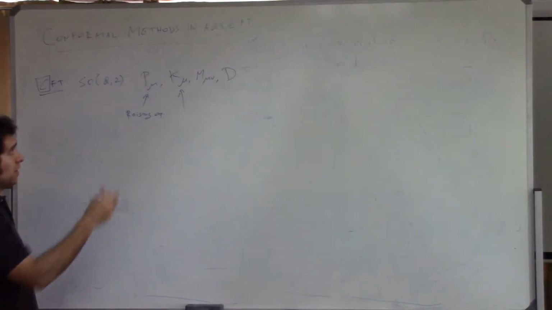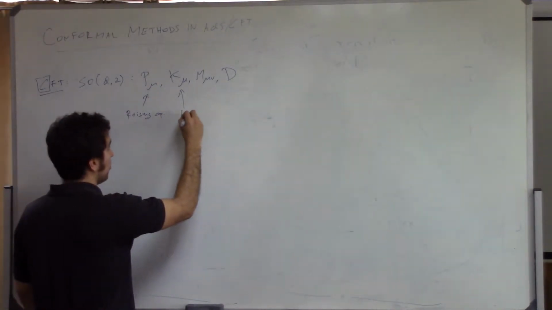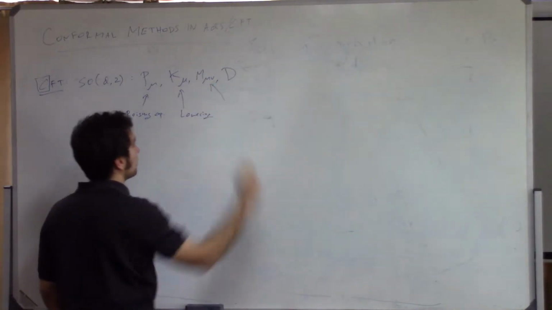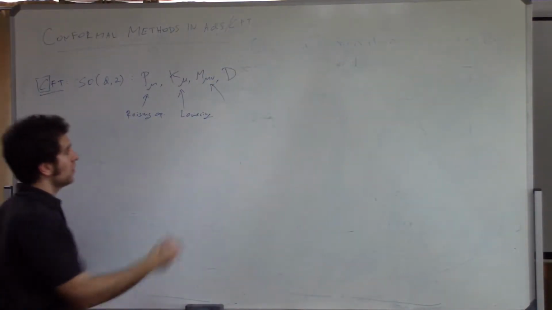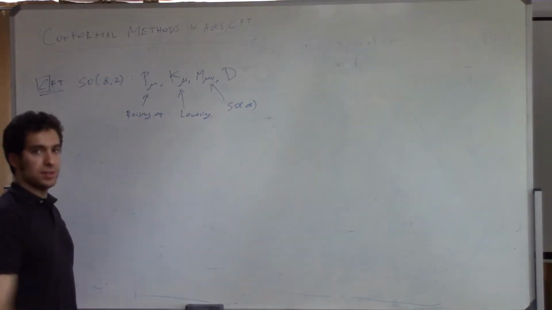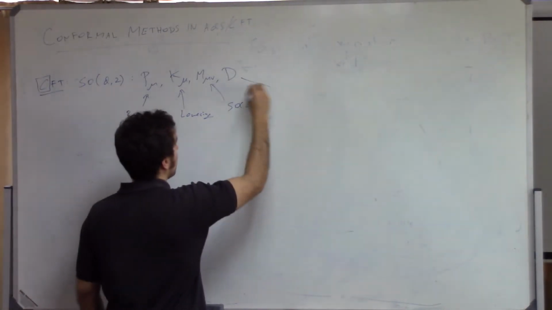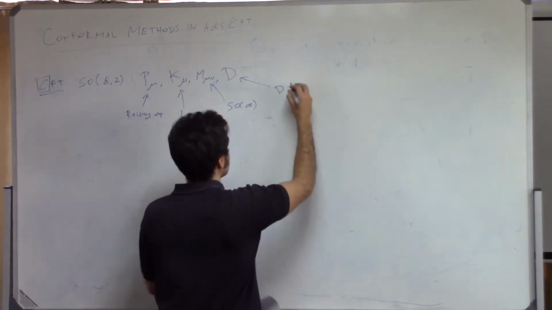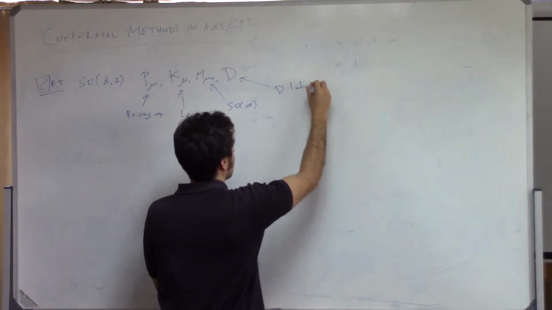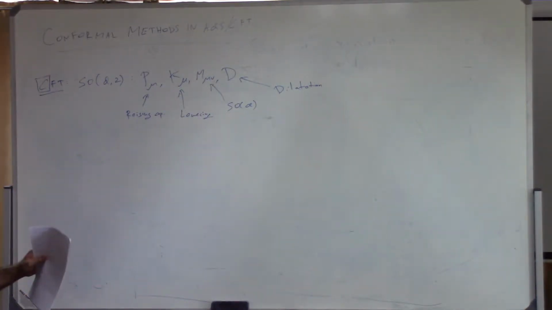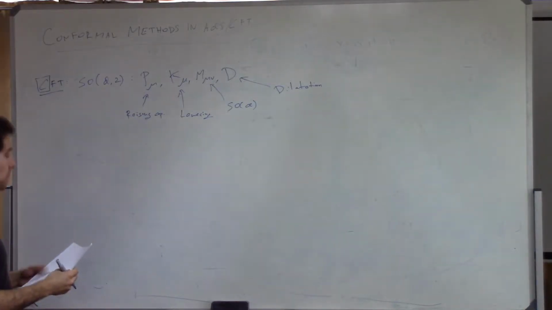The Hermitian conjugate of that, K, is a lowering operator. These rotations are just the SO(d) subgroup of SO(d,2). And this here is the dilatation operator, which rescales distances while keeping angles fixed. So altogether these form SO(d,2).